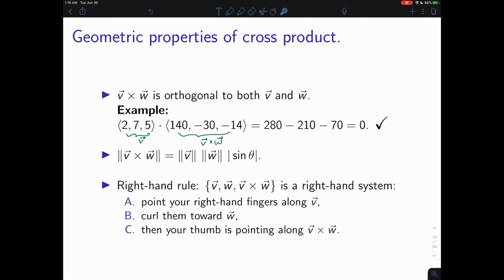And I can digress a little bit and tell a terrible joke. This is the joke about cross products, where the magnitude of V cross W is the magnitude of V times the magnitude of W times sine theta, where theta is the angle between them. The joke is, what do you get if you cross an elephant and a mouse?